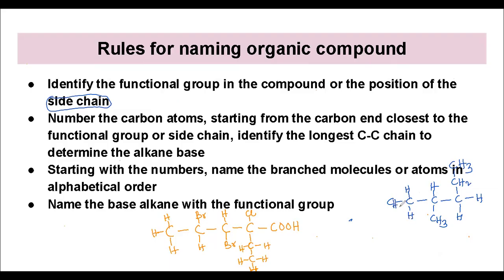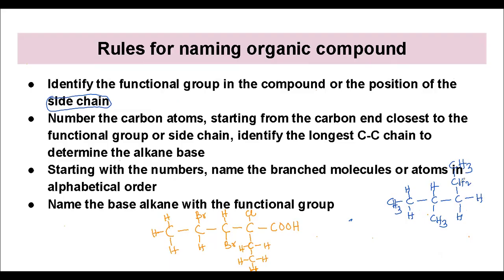Now look at this compound. There is no functional group. You don't have an OH group, you don't have a COOH group, you don't even have a halogen group. You don't have any of those common functional groups here.